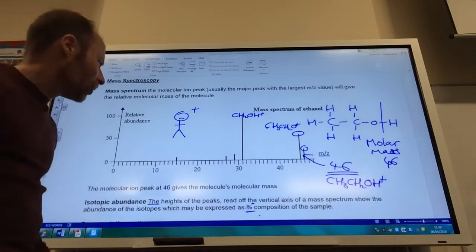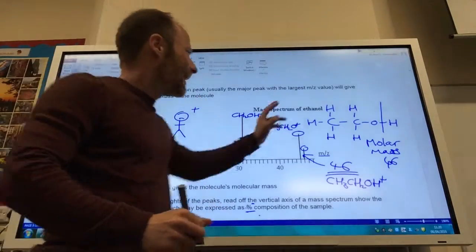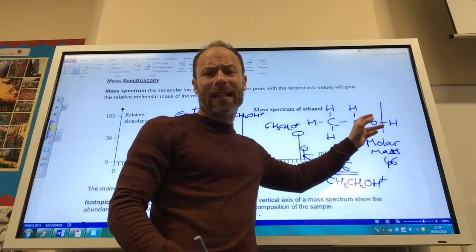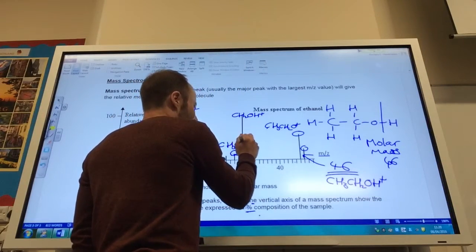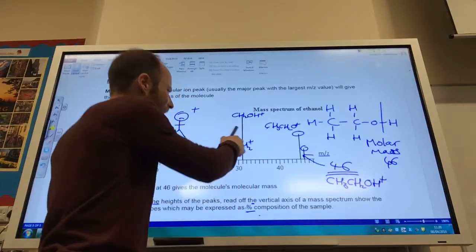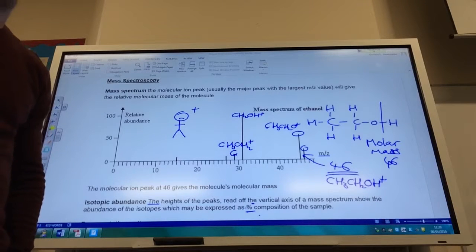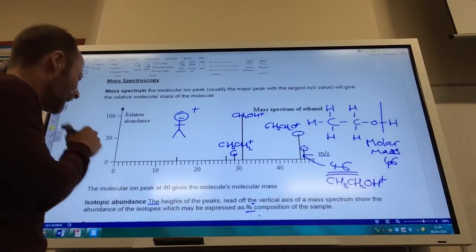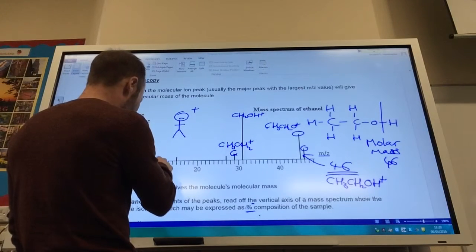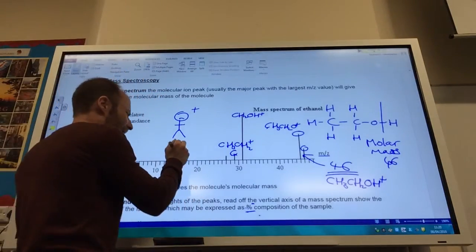What else have I got? I've got 29 here. 29 is actually a methyl group and a CH2 group. So that's CH3CH2+, 15 plus 14 to give me 29. I've also got a peak here at 15. What do you reckon that's going to be? Well, that's going to be the methyl group, isn't it, at 15?